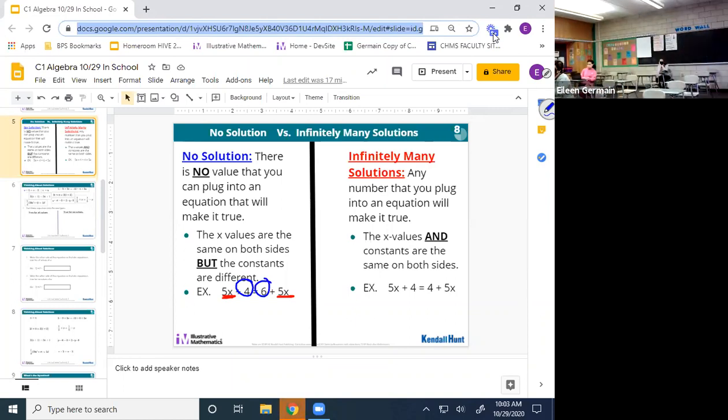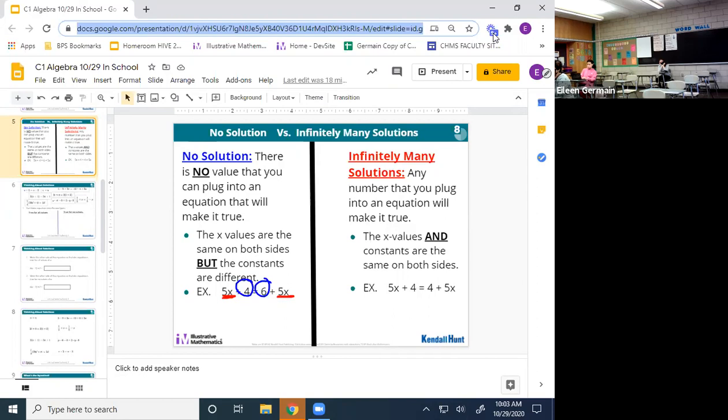So if we have an equation that has the same x value, so for example, 5x or -2/3 x on both sides, but a different constant, we would say that it has no solutions because you can't plug any number in there to make it a true statement.